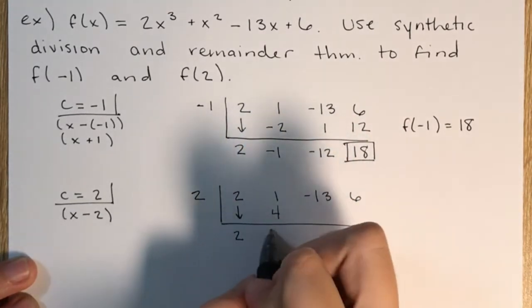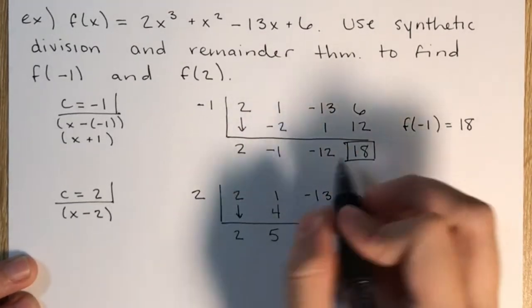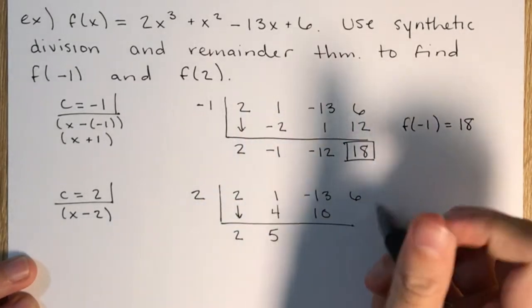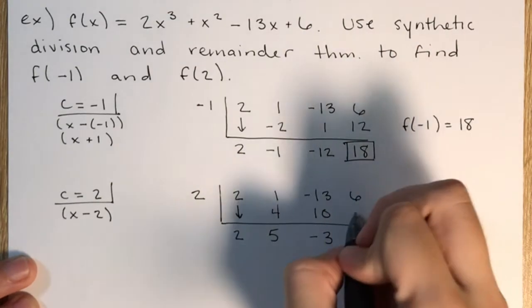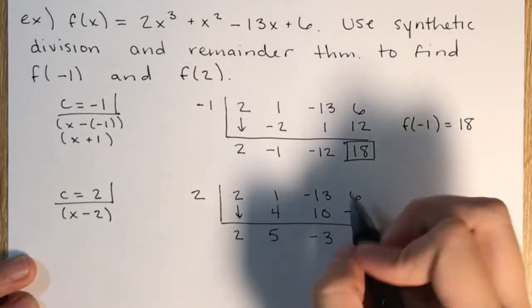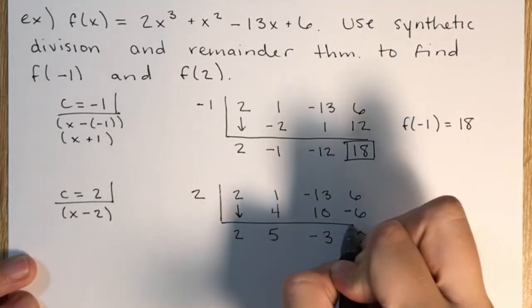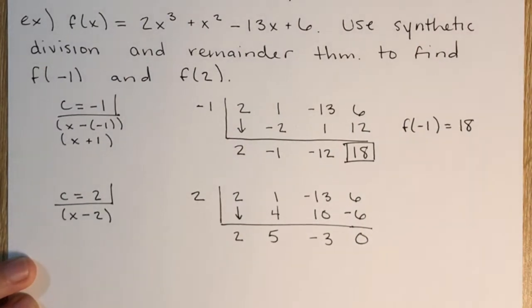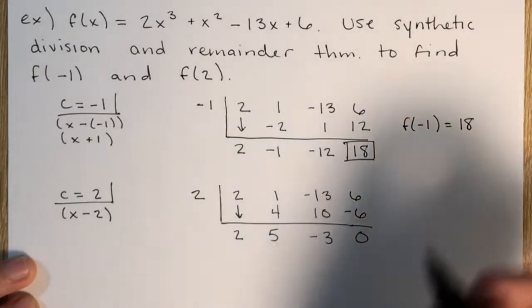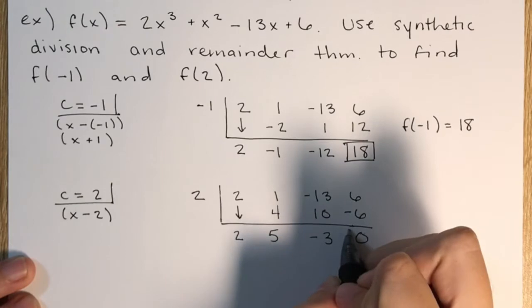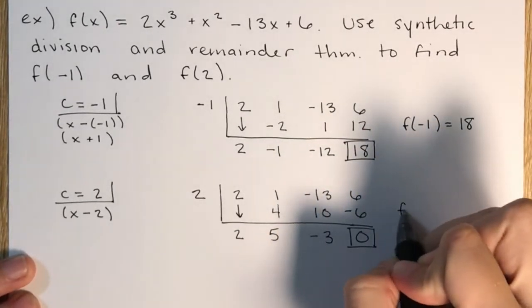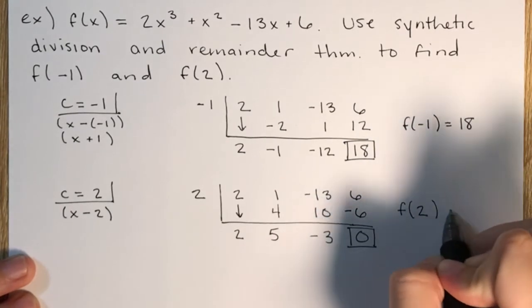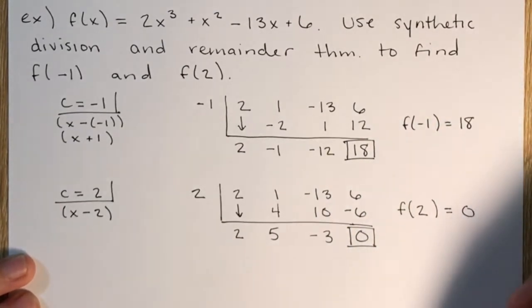We add up, we get 5. Multiply again, we get 10. We add up, we get negative 3. We multiply, we get negative 6. And we add to get 0. Okay, so our remainder here is 0. Remainder theorem tells us that f of 2 is equal to 0.